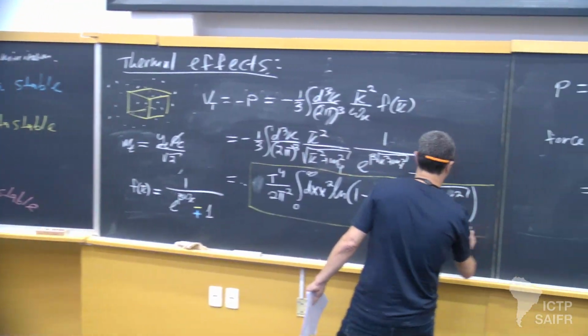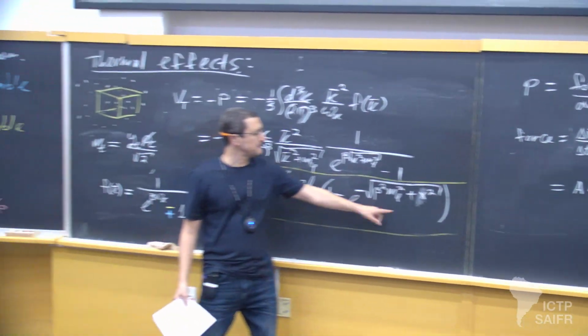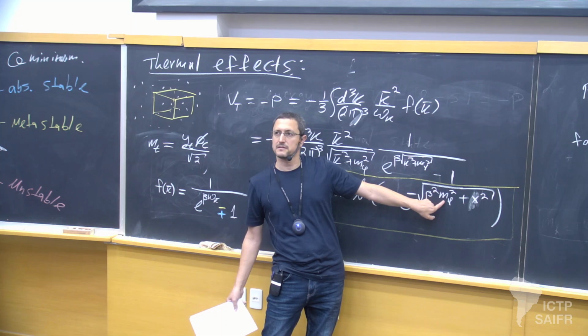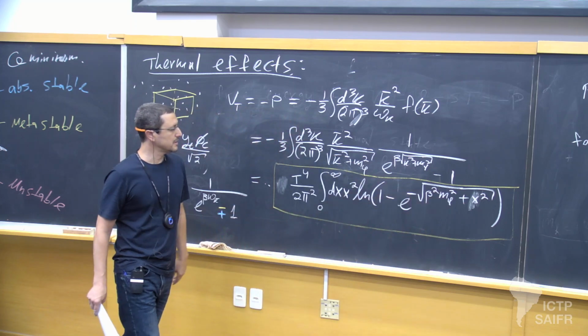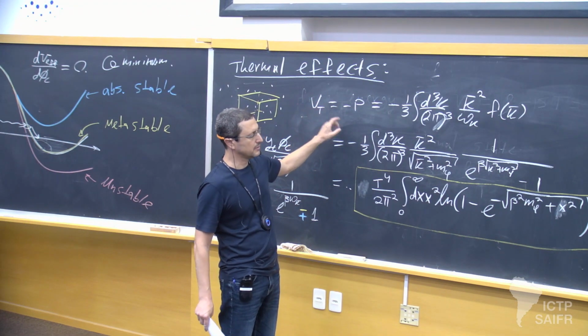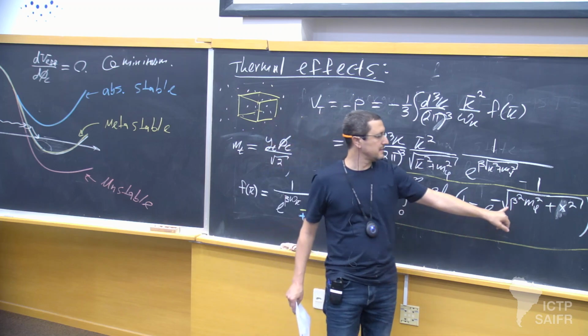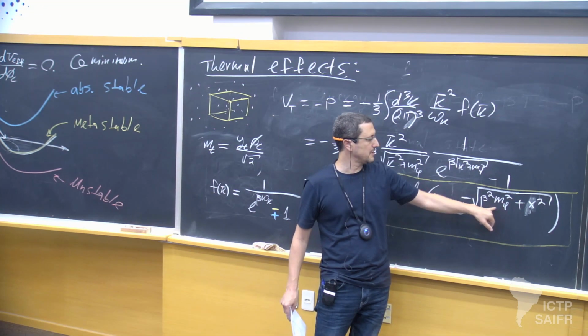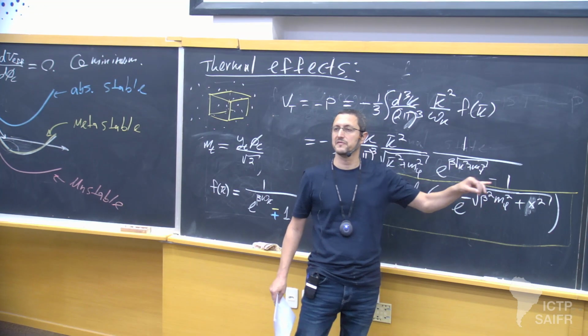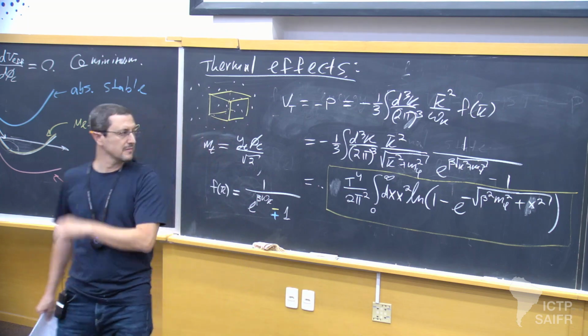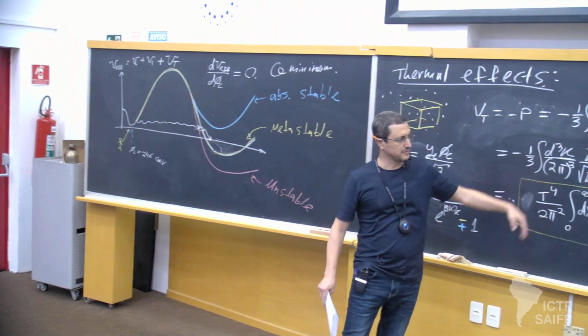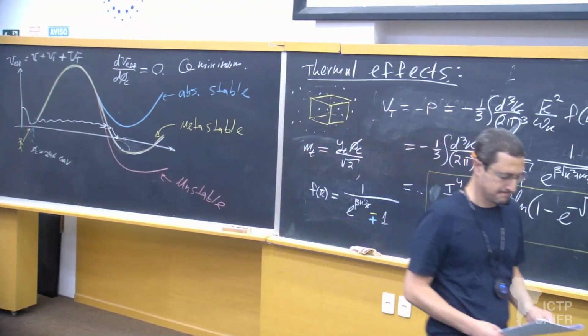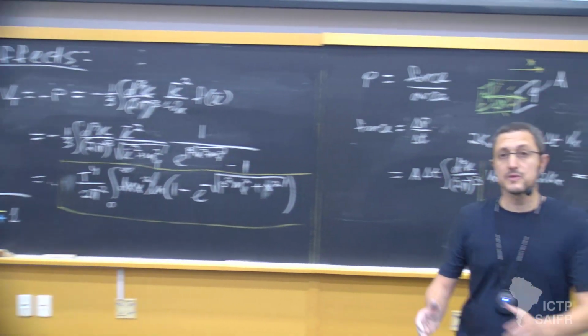This object here is where the dependence on m_phi squared enters. And you can see that the only dependence on the scalar field, or the properties of the particles, is through the combination beta times m, or m_phi divided by T. This is fun. I suggest you do it. OK, this was the first derivation.